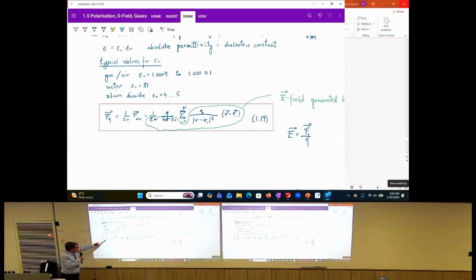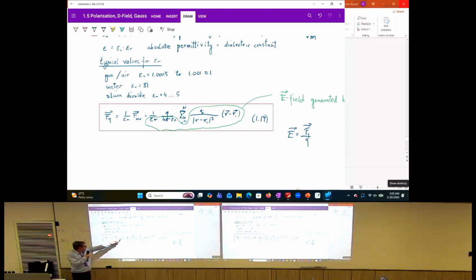If you look at this formula, what is the epsilon r that you have to use? I give you this example where you have the charge in one medium, but you are looking at the electric field in the other medium, medium 1, and the charge is in medium 2.